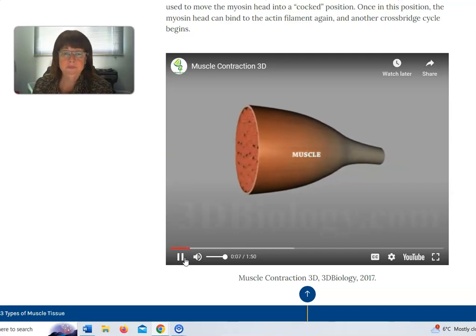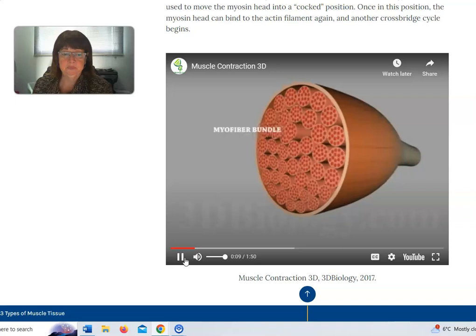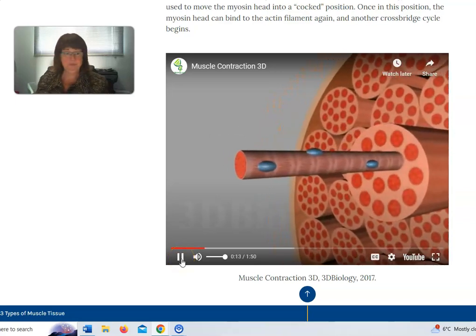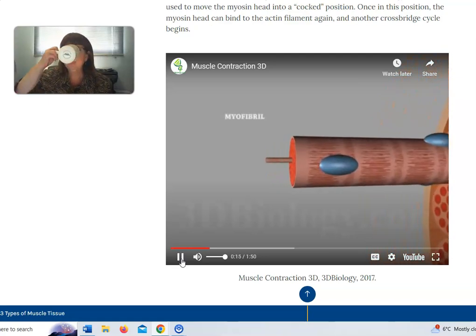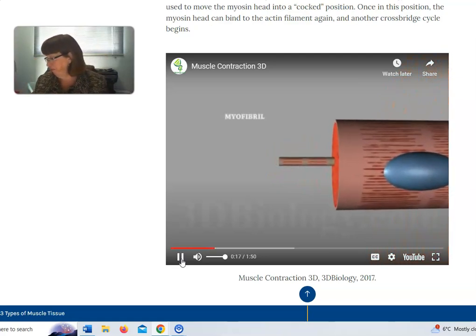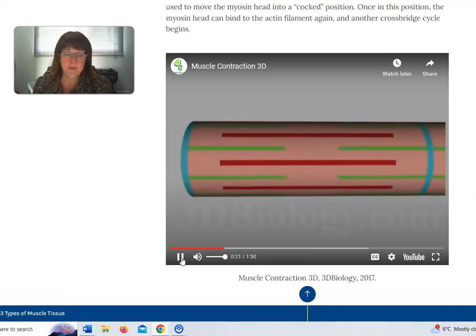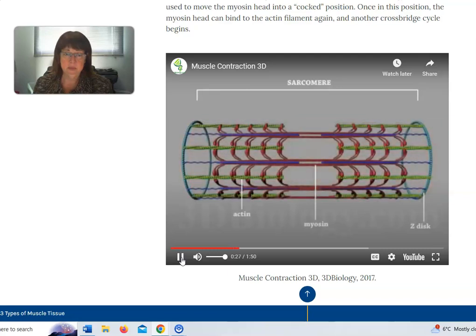Striated muscle is made up of bundles of multinucleated muscle cells, called myofibers. A myofiber is packed with myofibrils that extend the length of the cell. A sarcomere, the functional unit of muscle, consists of thick myosin filaments and thin actin filaments.